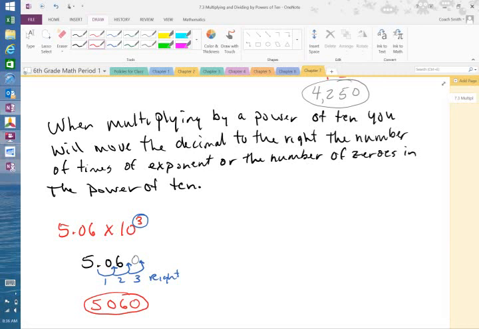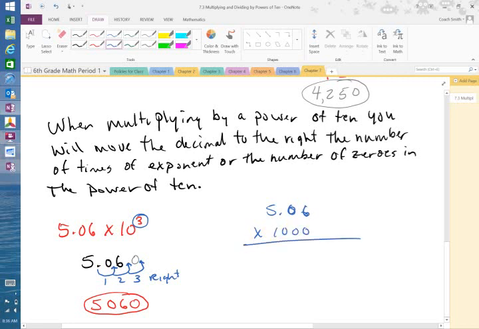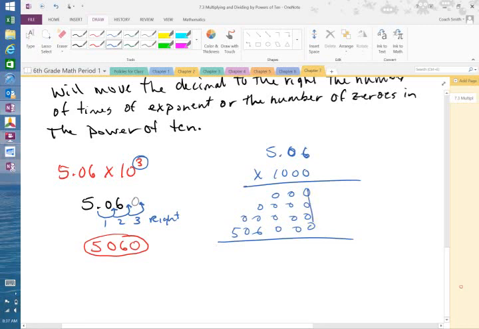Now, I could do what we did last night and multiply this by 1,000. I'd have a bunch of zeros here, like that, and then I would have 0, 0, 0, 6, 0, 5.